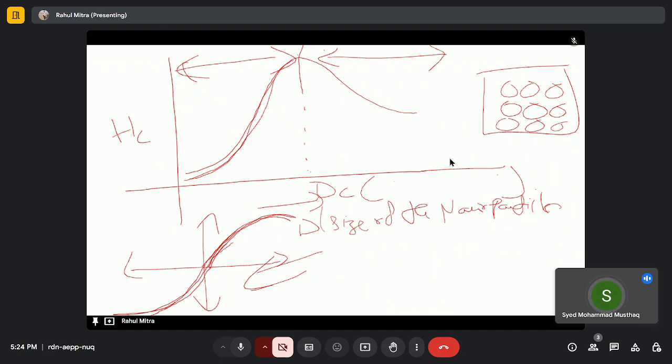So that is the key difference between superparamagnetism and superferromagnetism. One doesn't have interaction between spins, one has. One has no account of exchange interaction, one has the exchange interaction. So that is about superparamagnetism and superferromagnetism.